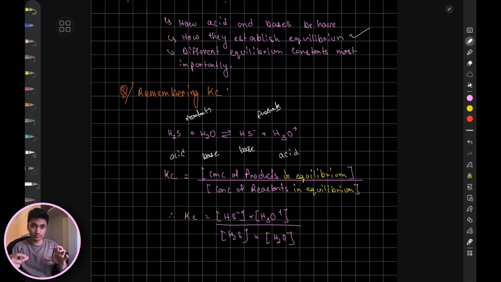This ratio of the concentration of products to reactants at equilibrium is a concentration constant. It's not going to change because, as I told you, at equilibrium the forward reaction rate and backward reaction rate are equal.